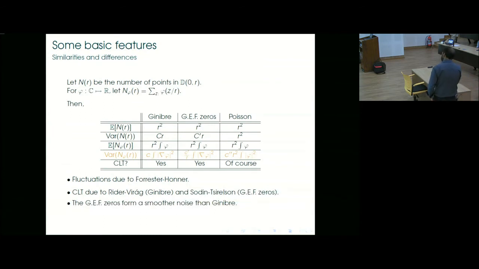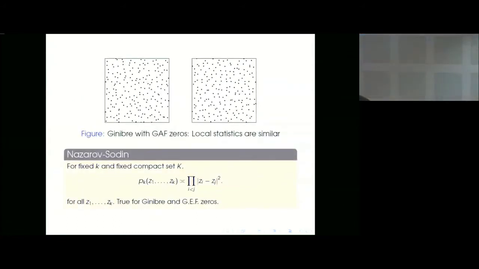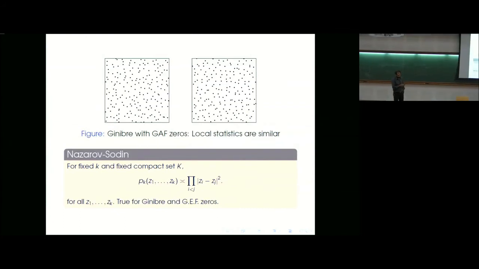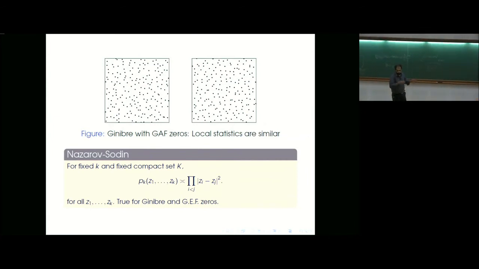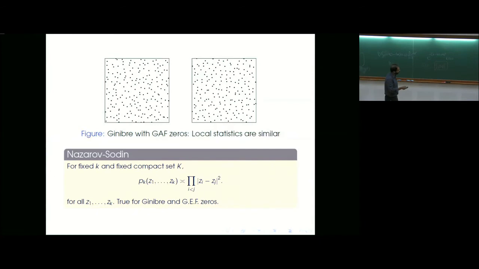So here already we see some differences and similarities between these two, and this is the picture that I already showed. They look very similar, and indeed they are very similar when you look at local things. They are different in some global sense; there are some constraints holding the zeros in place. Whereas locally they look exactly the same, and in fact the k-point correlations behave like the product of Vandermonde squared.